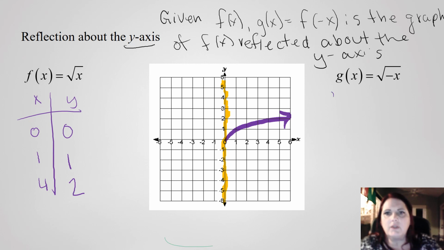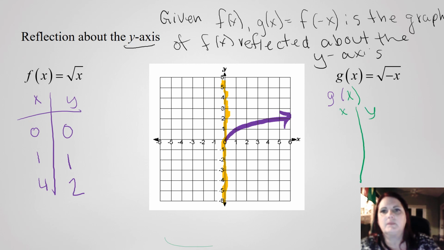Now let's go to the g of x. I want to do that in green. XY table. Well, if I start out with negative 1, the opposite of negative 1, I'm sorry, let's start out with positive 1. Okay, let me just erase that. For 1, we put that in there, it becomes negative 1, and the square root of negative 1 is not real.